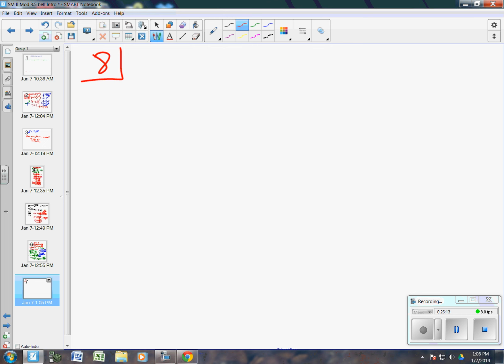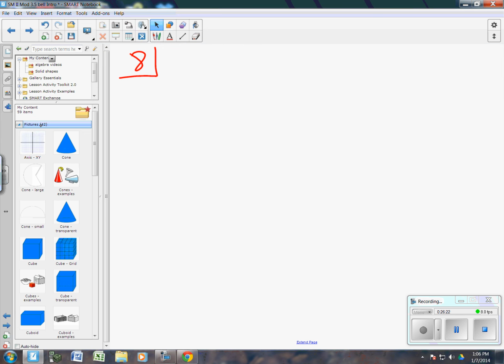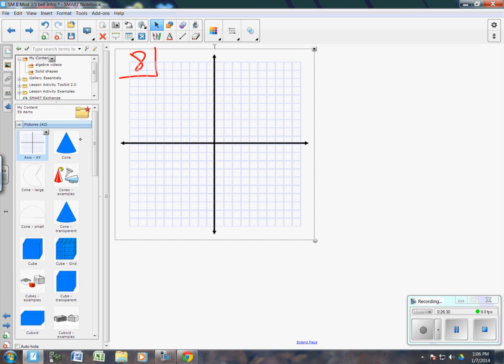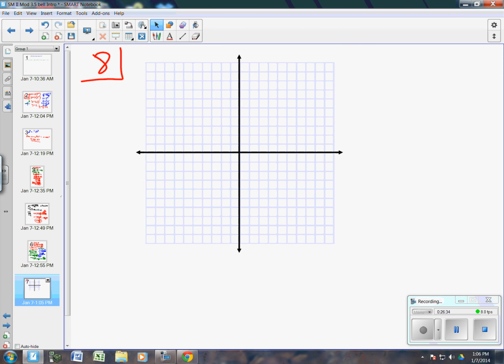Graph each of the quadratic functions. So I'm supposed to graph these. I'm going to pull up a graph right here. Okay, on number 8, I've got 3 equations here.